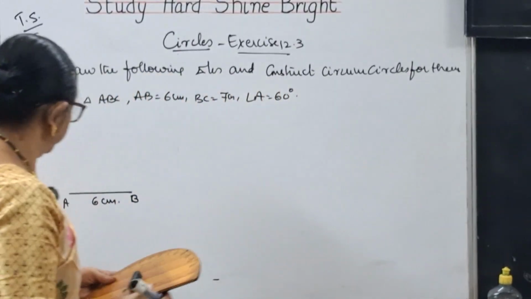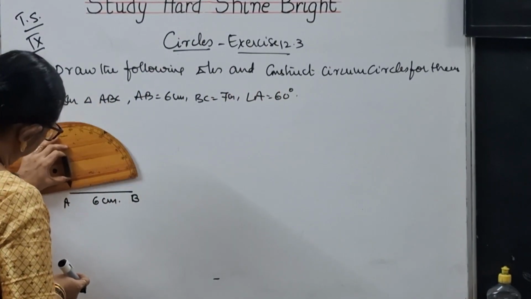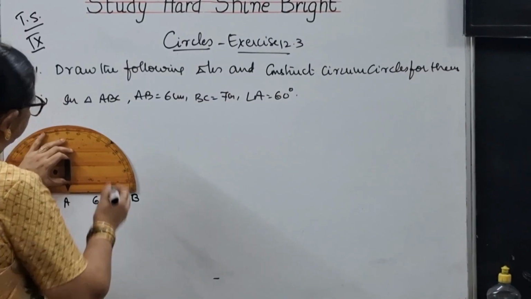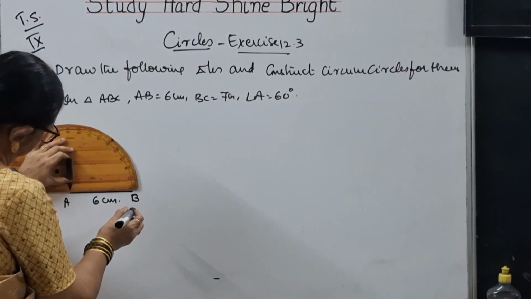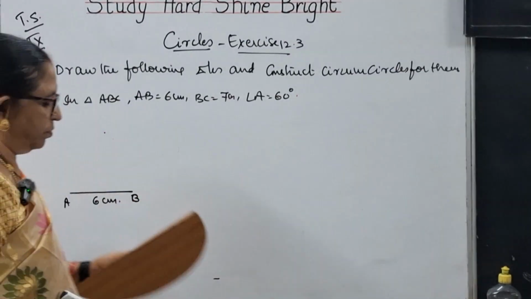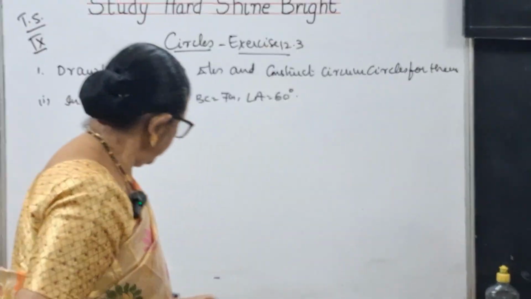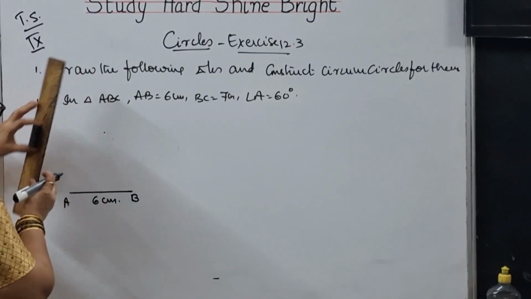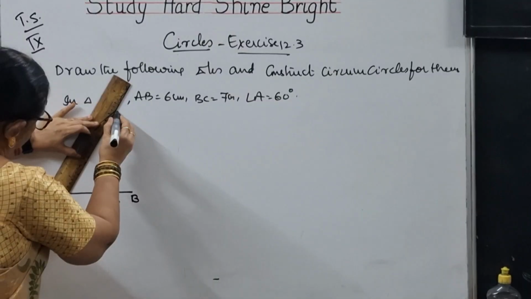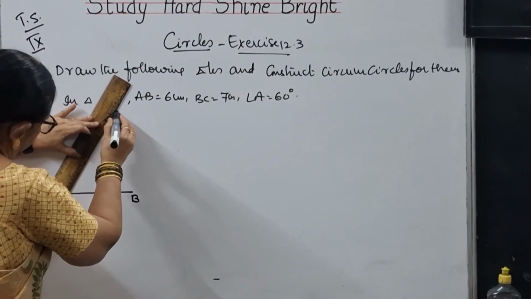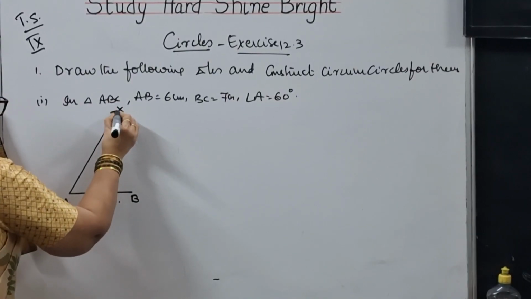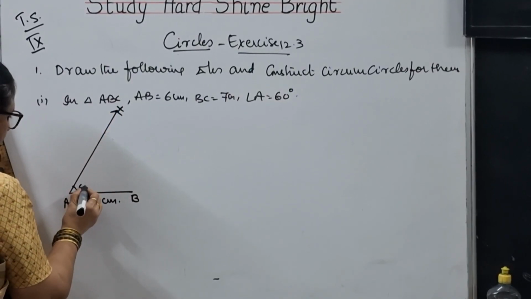At A, angle A 60 degrees is here. So, you have to draw an AX ray like this, which maintains 60 degrees here.